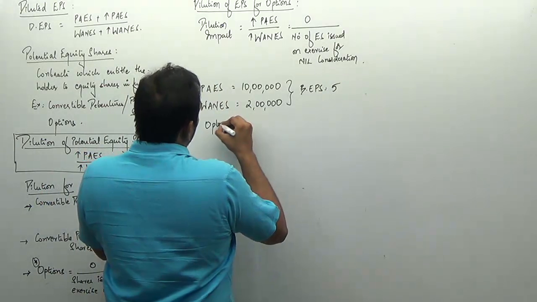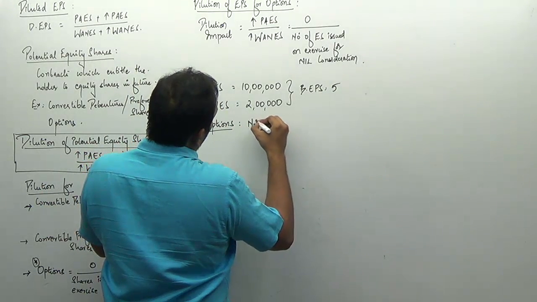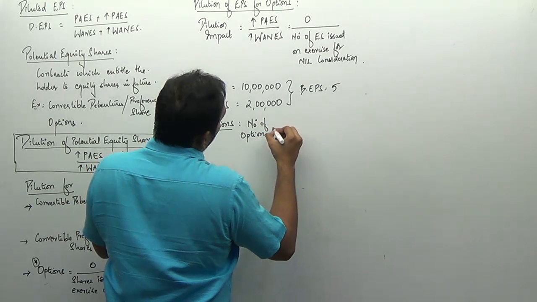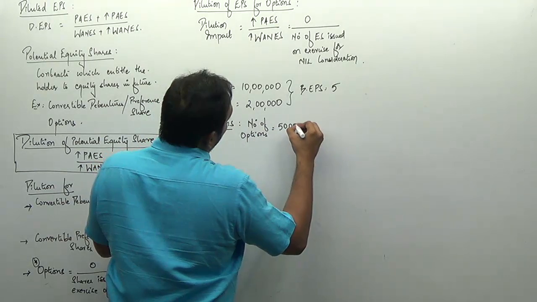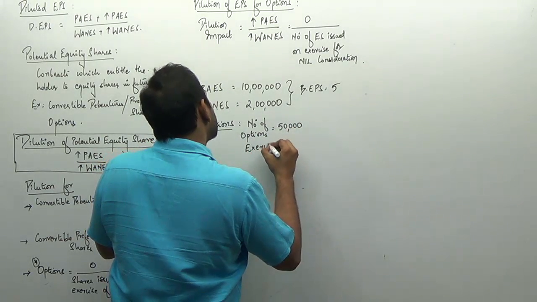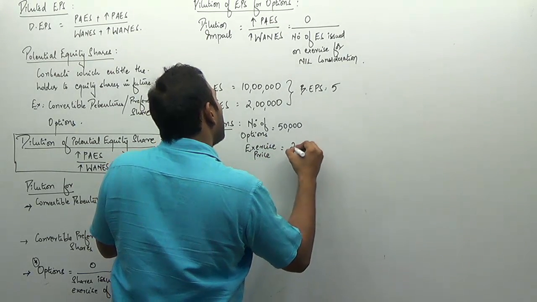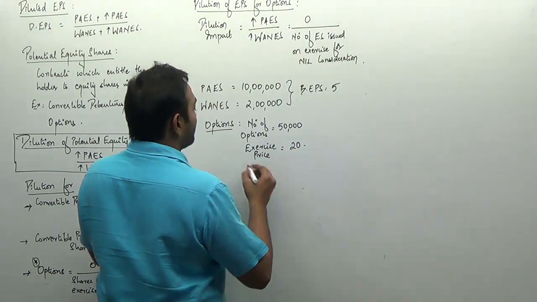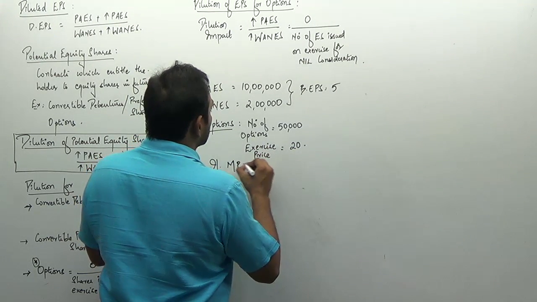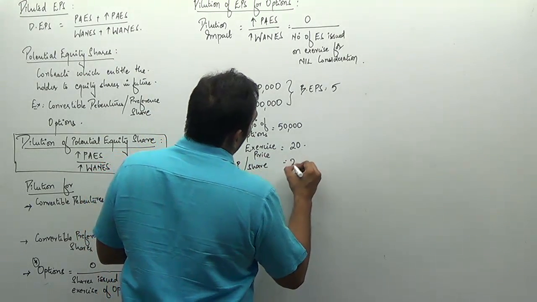Let's say, for talking about options, I have number of options of about 50,000, each one carrying an exercise price of about 20 rupees. If the market price per share on the same day was 25.